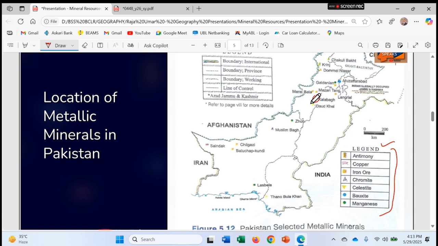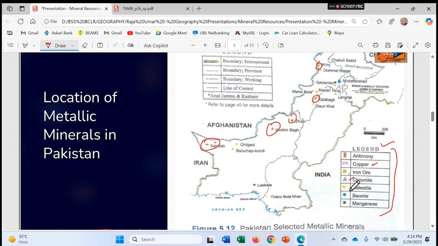Antimony is available over here at Kalabagh and in the upper areas of Khyber Pakhtunkhwa. Then copper, here you can see the Sendak region, and iron ore at Kalabagh again, and then chromite, Muslim Bagh, and over here at Yob as well.